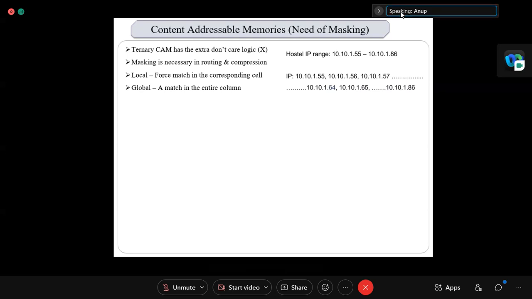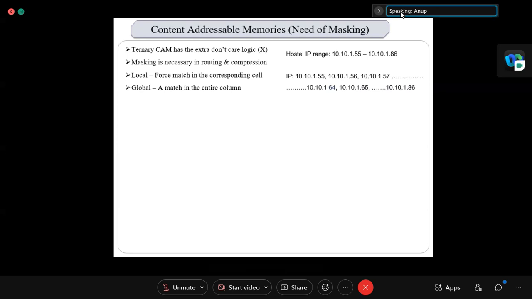There is no need to search for 10.10.1. If there is no need, then we can mask those parts, and we would be able to consume less power. Searching for 10.10.1 is not required for any specific hostel. In network or routing applications, we can utilize this masking.